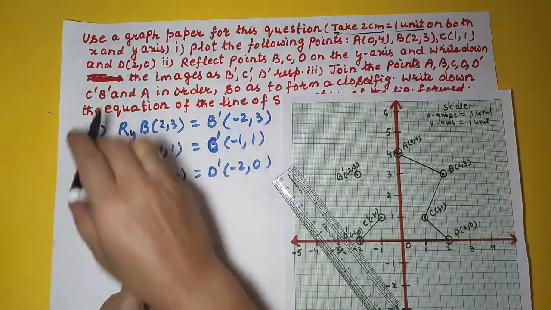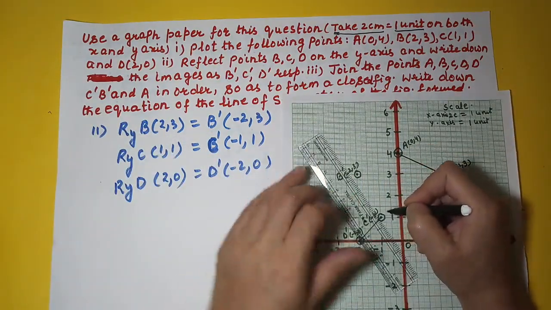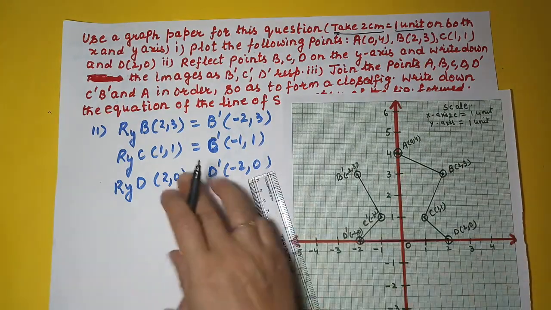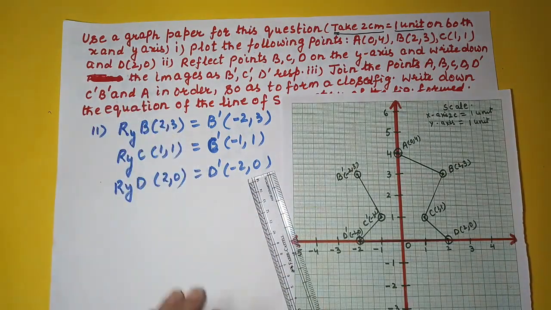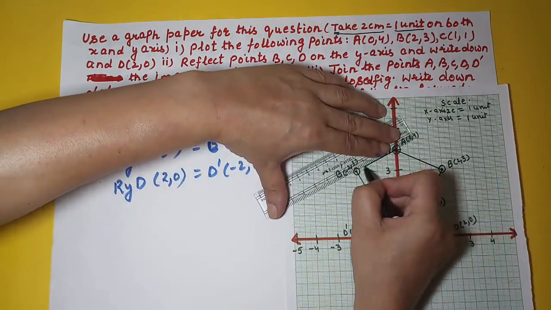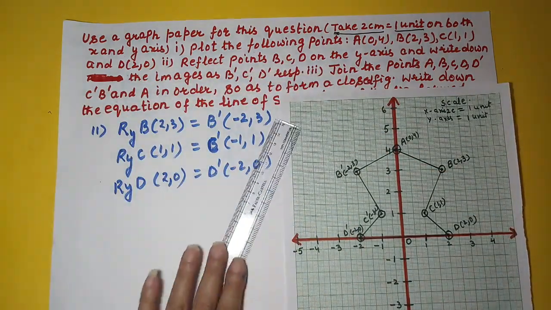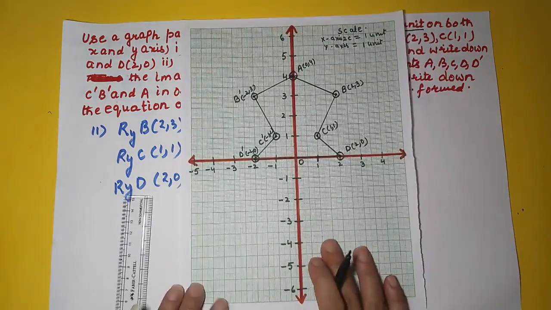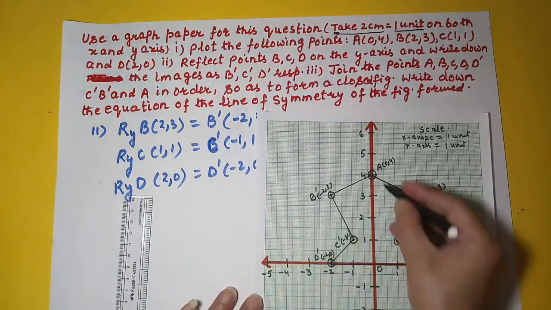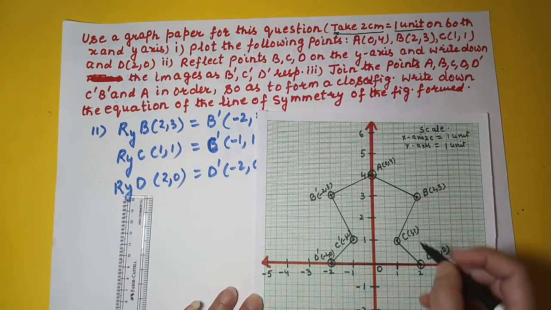Then B dash, okay. I'm joining this B dash with C dash. And then A. And then with this, I am joining this point A. Right? So I got the figure like this. Fine. Okay. Now I have formed a closed figure like this.